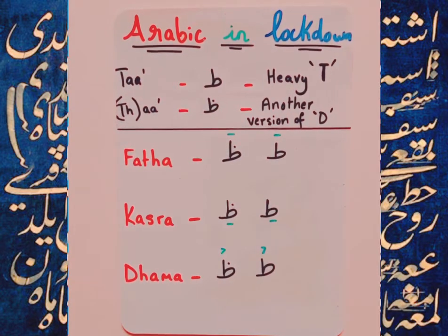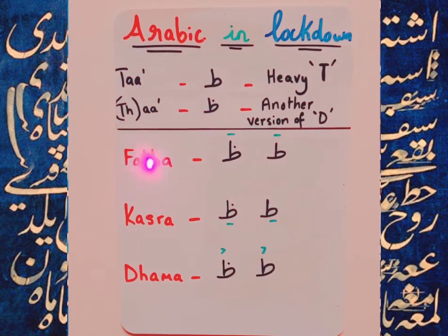Okay, so if we move on to look at the intonations for these two letters, we look at the fatha, the kasra, and the dhamma. Instead of putting you through this whole thing with the fathatain, kasratain, and dhammatain, most of you, if you've joined us from lesson 1 all along, sort of understand how it goes. So I'll skip from looking at the fatha, kasra, and dhamma for each and every one of these letters to creating that little table that we normally look at the end of the lesson for each and every one of them, not just for the fatha, kasra, and dhamma, but also for the fathatain, kasratain, and dhammatain.